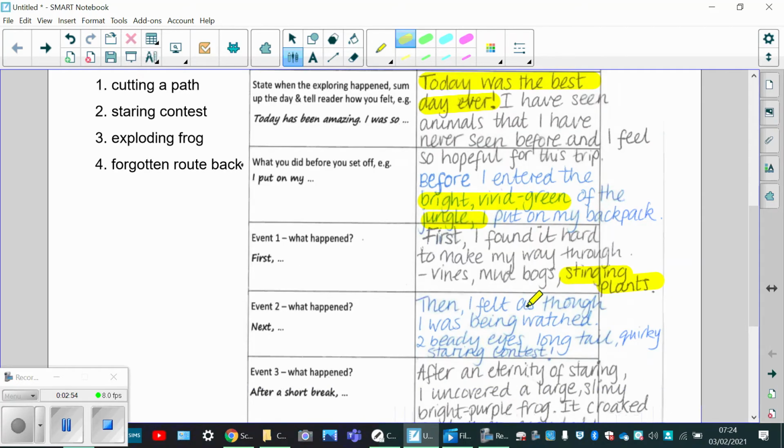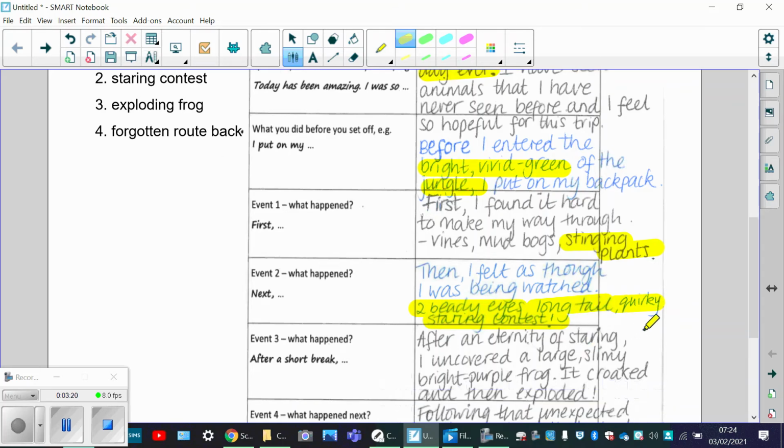Event 2 was about feeling as though I was being watched and then entering into a staring contest. I felt two beady eyes looking at me. I looked up and saw a long tail and a quirky looking lemur. We had a staring contest! So I'm already getting my ideas together as to what I might write for my second event.